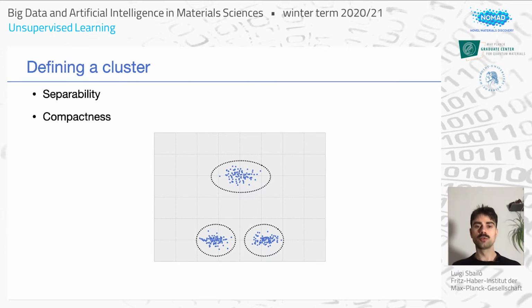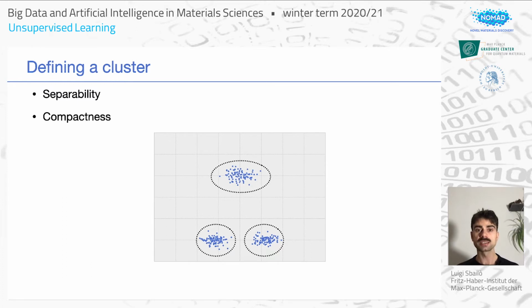Now we would like to judge these clusters and understand what are the characteristics, the properties that a cluster should have. And we can define good clusters if clusters are separable and compact, as in this case. So we want each cluster to be well separated, well distant from all the other clusters, and groups within the cluster should be similar to each other.